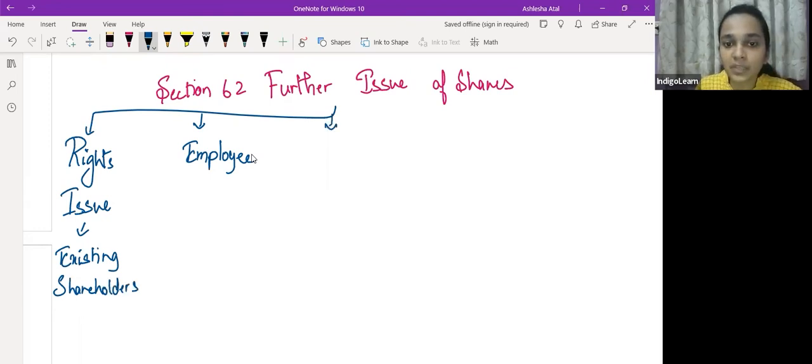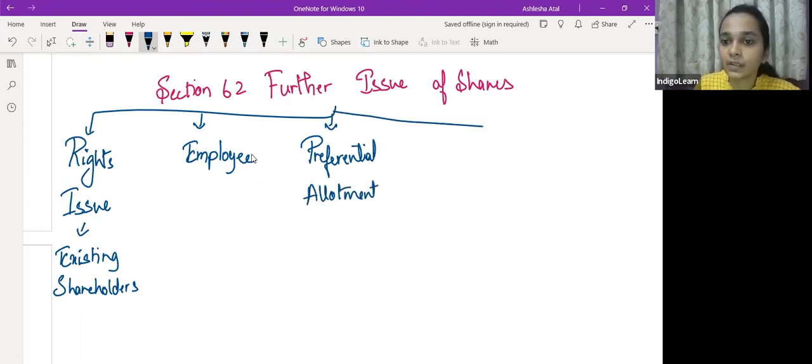Or the company can make preferential allotment. Or it could be a situation of conversion of debentures or loan into shares.